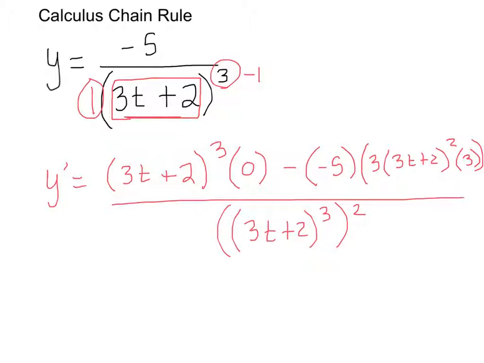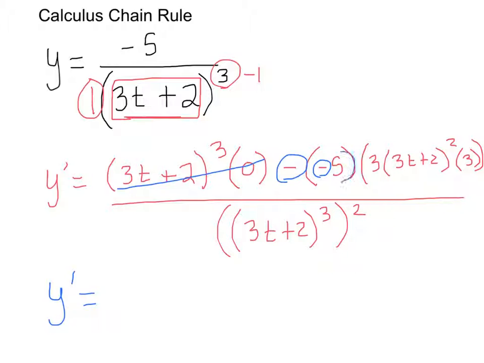And so what you see here on the screen, this is the derivative. But what we need to do is clean it up. We need to simplify it. So I've got y prime equals, now all this right here is being multiplied by 0, so it basically cancels. And this negative will make a positive.